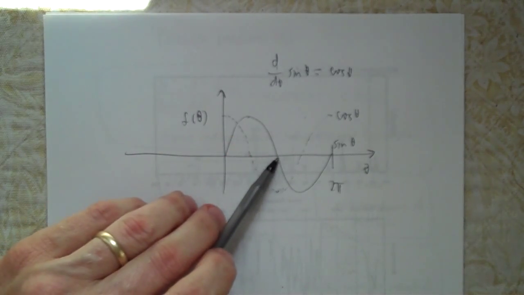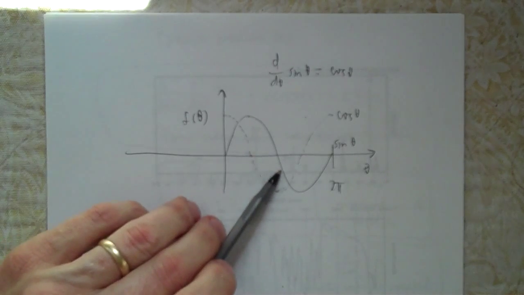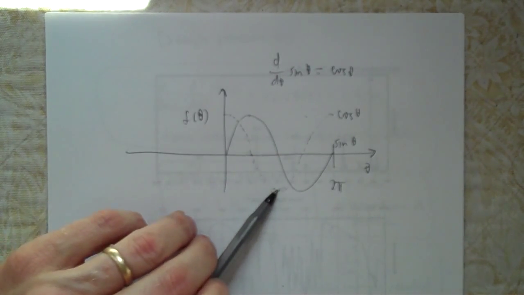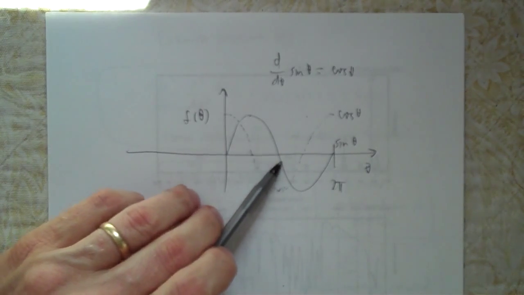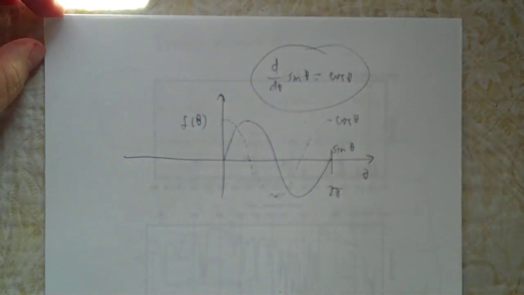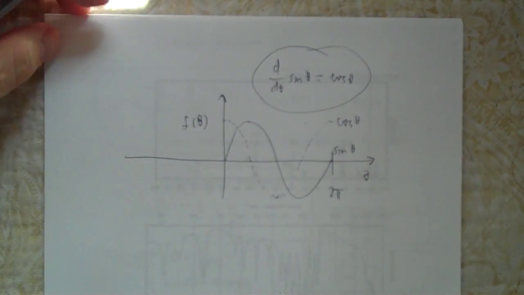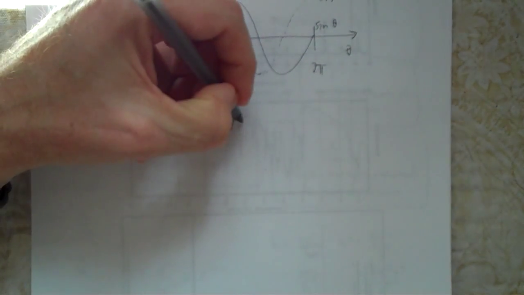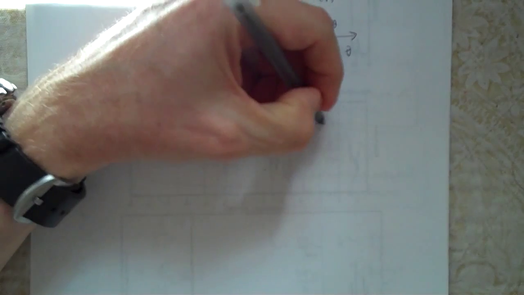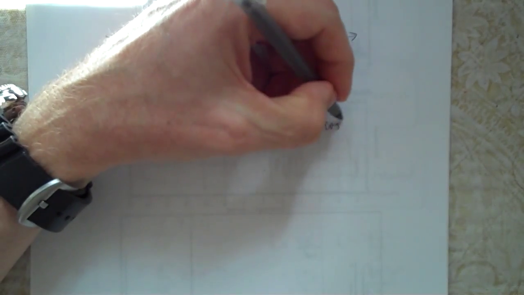But let's do the negative one here. I can see that the slope here is negative something. You can't tell it's negative 1, but cosine theta here is negative 1, so that is believably negative 1. So indeed, that's it. This is what I always use for my reference. If I'm supposed to find the integral of sine theta d theta, I remember that it's minus cosine theta.